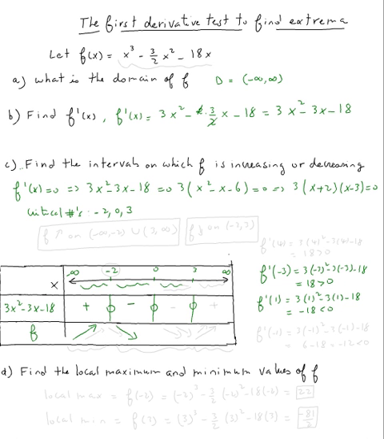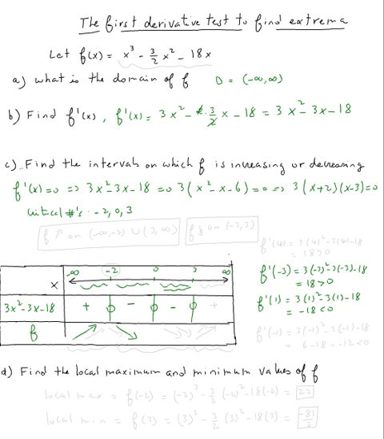Now between 0 and 3, we got, well, here we're supposed to plug in negative 1. Well, f prime of 1 is less than 0, but 1 is here, right?